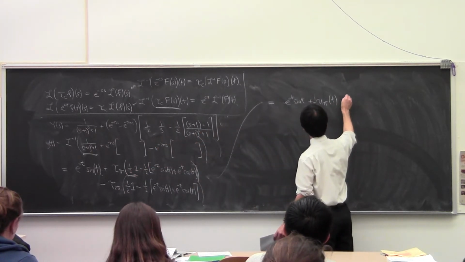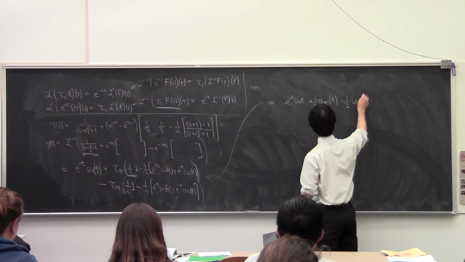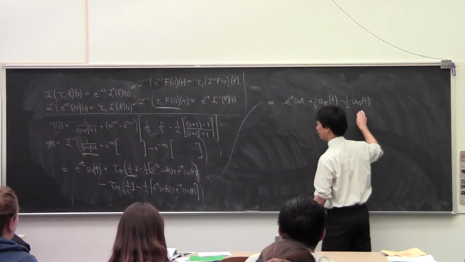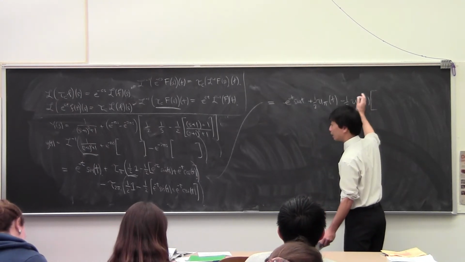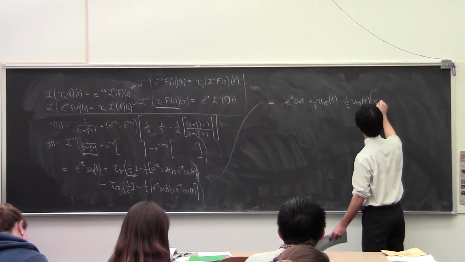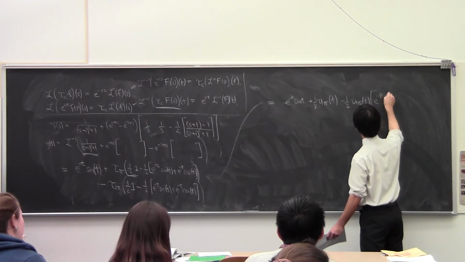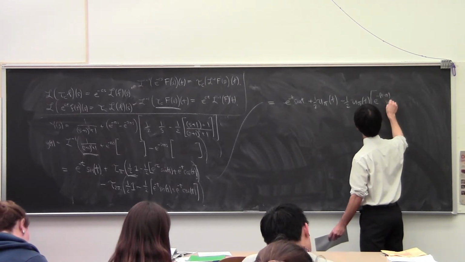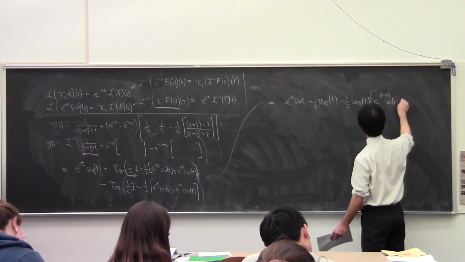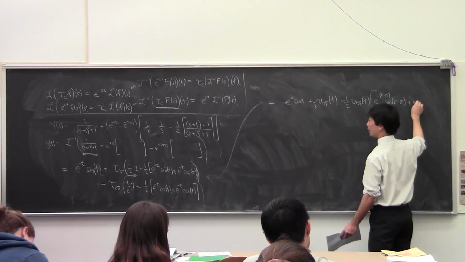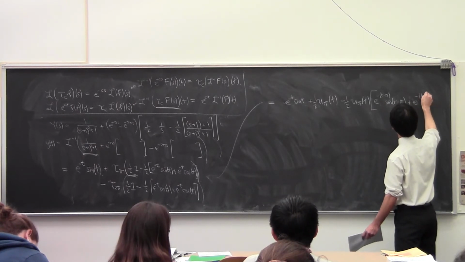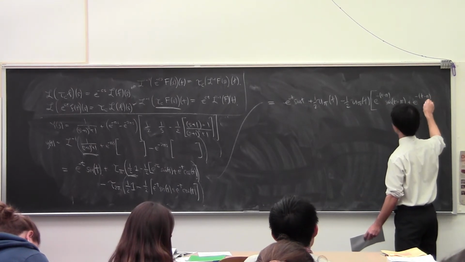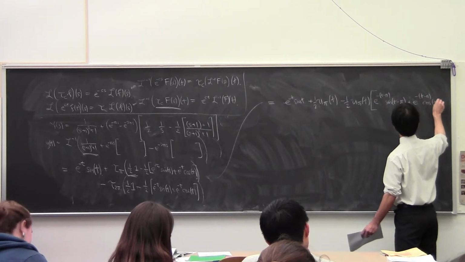And then we get minus 1/2 Heaviside function of this thing shifted over by pi. So e to the negative t minus pi, cosine, sine t minus pi, plus e to the, again, minus t minus pi, cosine t minus pi.